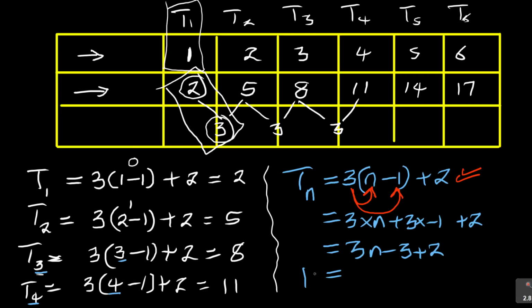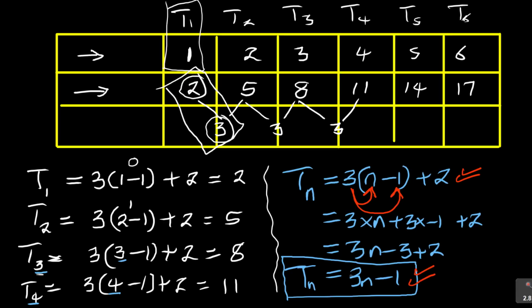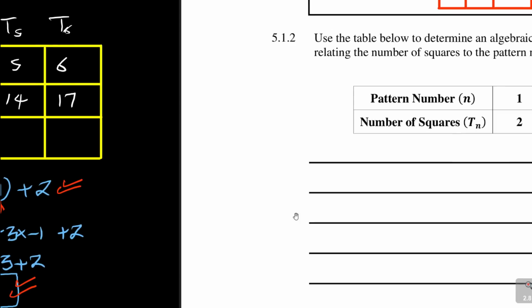And then what is your Tn? My Tn will be 3n minus 3 plus 2 is minus 1. That becomes the option 2, which is preferred. This is the preferred option. Are you with me? So that is how you can actually use it here.